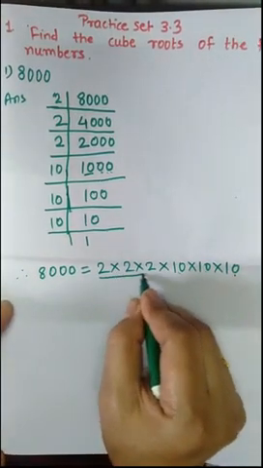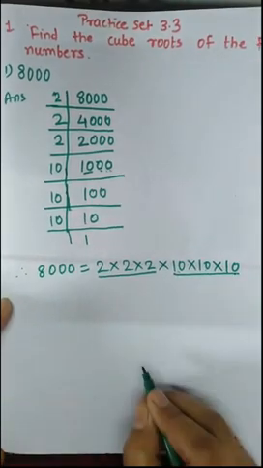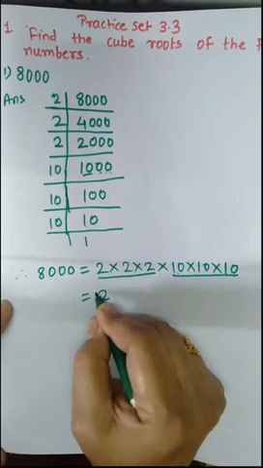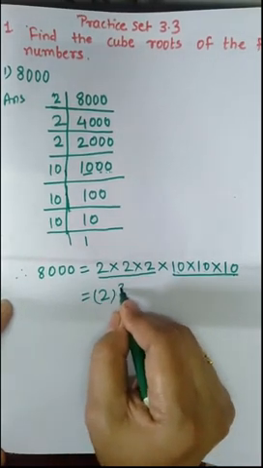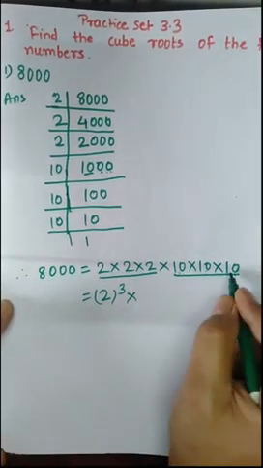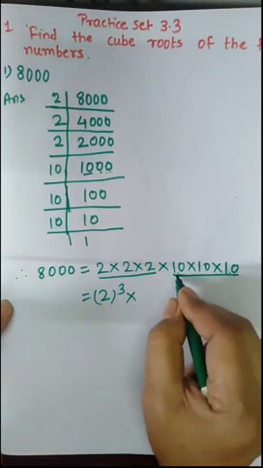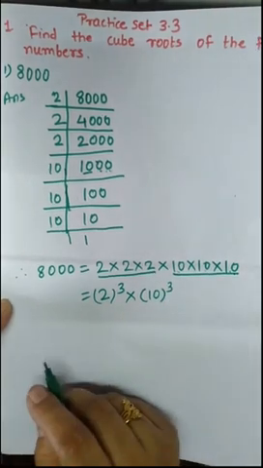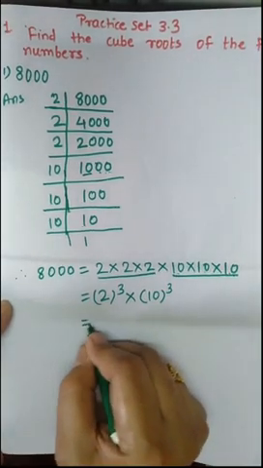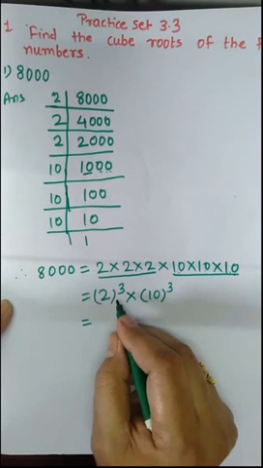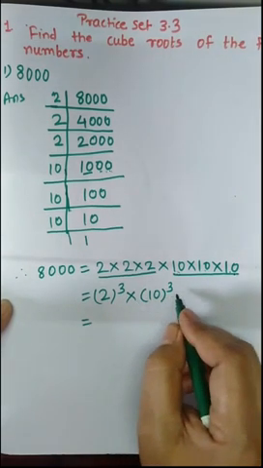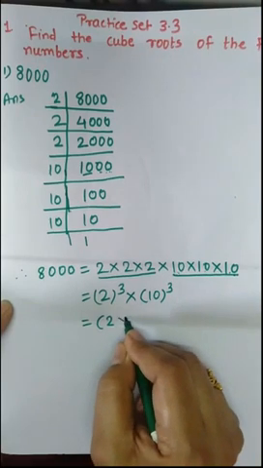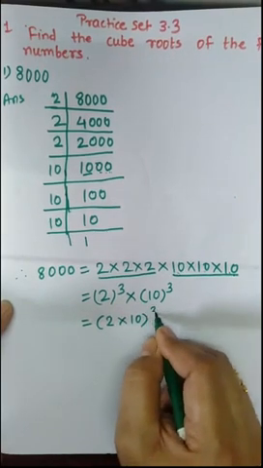Okay, now make groups of 3 of the same digit. So take 1 from this group, 2 cube, multiplied by, take 1 digit from this group, 10 cube. Okay, so we know that a raised to m multiplied by b raised to m is equal to a multiplied by b, raised to m.